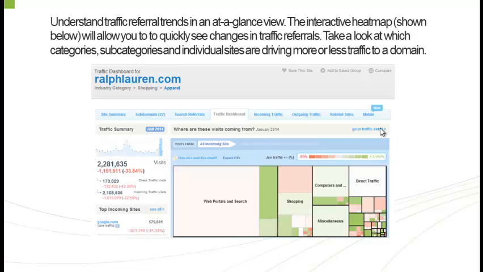Once you get a good idea of what's going on here, you can always jump over to incoming traffic and look at the individual sites driving traffic in a list view.